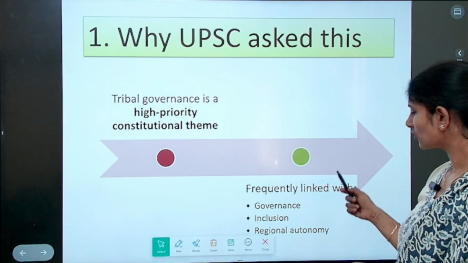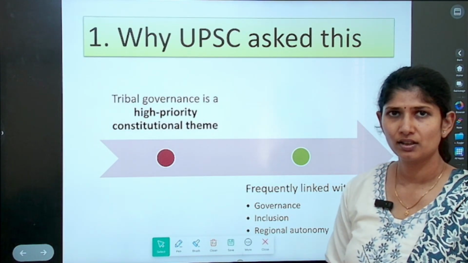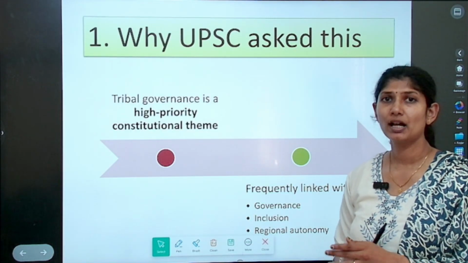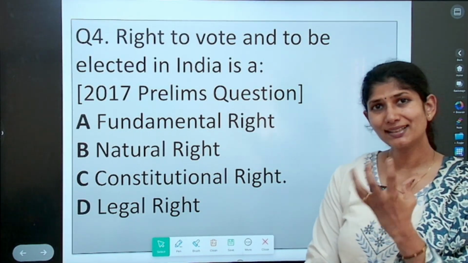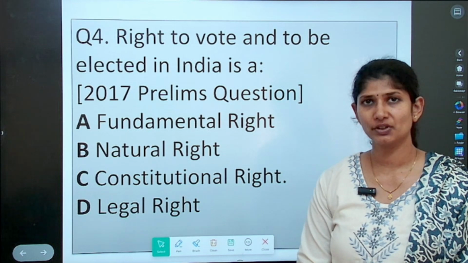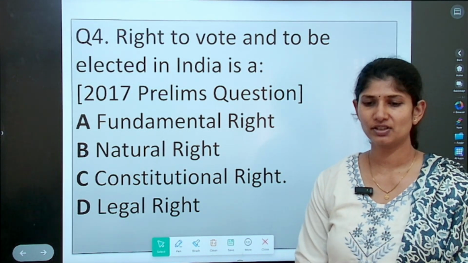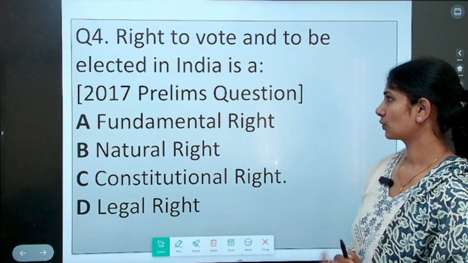Now, that is constantly linked with the concept of your inclusion, okay, and also providing autonomy coupled with your regional autonomy and integration, the feeling of unity. All this have to be achieved means your adequate provisions have to be looked into. That is where your 5th and 6th schedule area will come into picture.